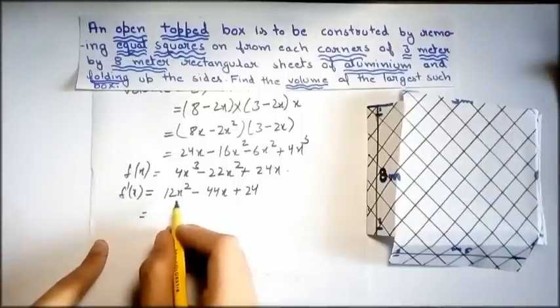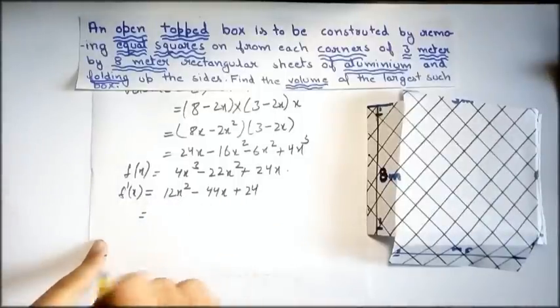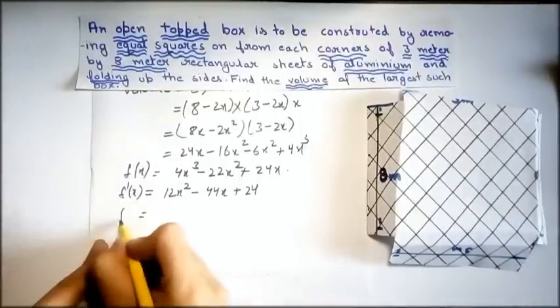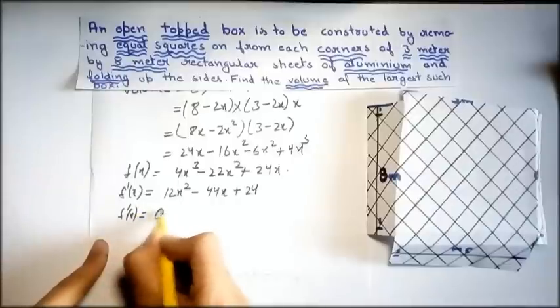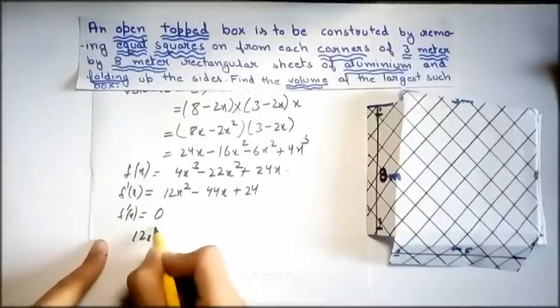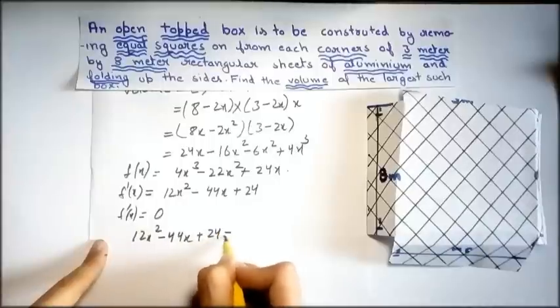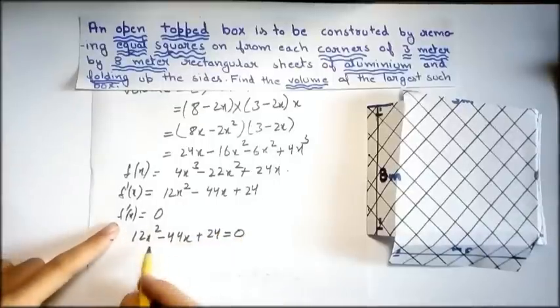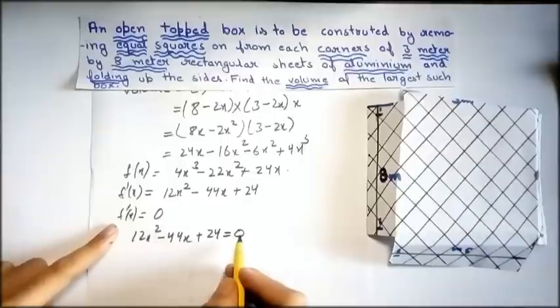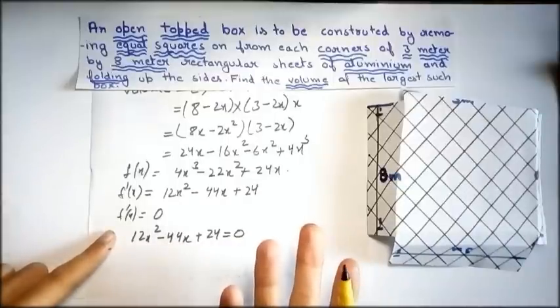So let's find out x. To find x we have to put f dash x equal to 0. So 12x square minus 44x plus 24 is equal to 0. Now we can take out 4 as common and divide by 4, and 0 divided by 4 is 0.